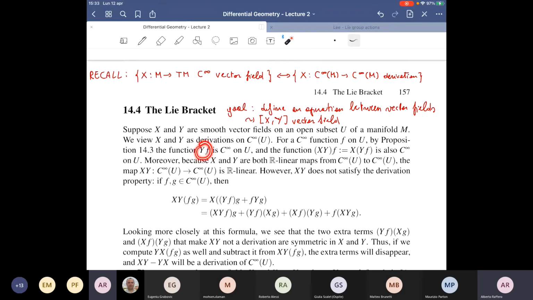This is a function, and of course, once you have this, you can consider X applied to this function. Here is just a notation to denote the composition. So you first consider f, apply Y, and get another smooth function. Apply X, and you obtain a further smooth function defined on U.